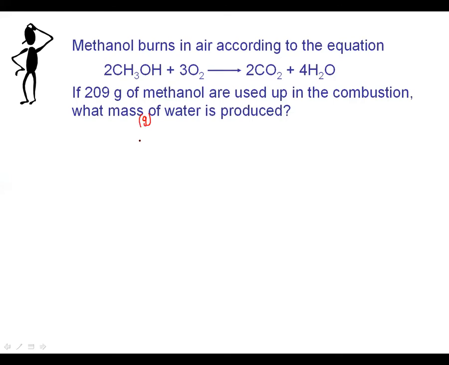And I'll give you some periodic table information that will help you. Carbon is 12.01. Hydrogen is 1.008. Oxygen is 16 grams per mole. I think that's everybody on there.